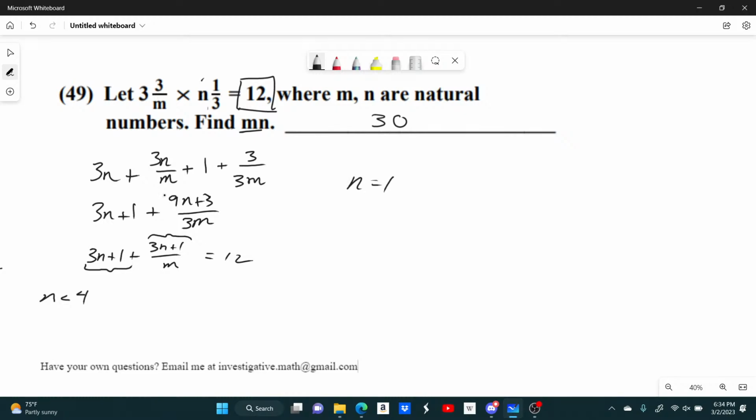Then 3n plus 1 would be 4, and then 4 over m would have to simplify. For n equals 2, it would be 7 over m has to simplify. For n equals 3, it would be 10 over m has to simplify. Hmm, I might just be grasping at this point.